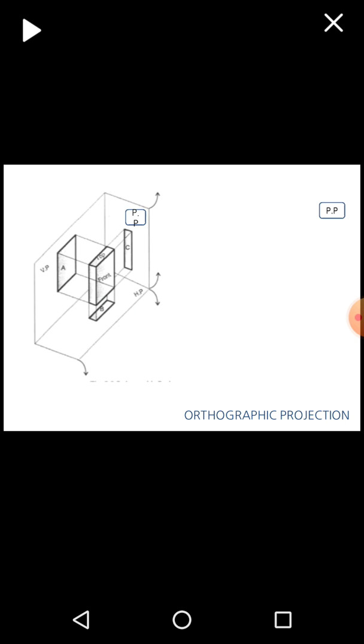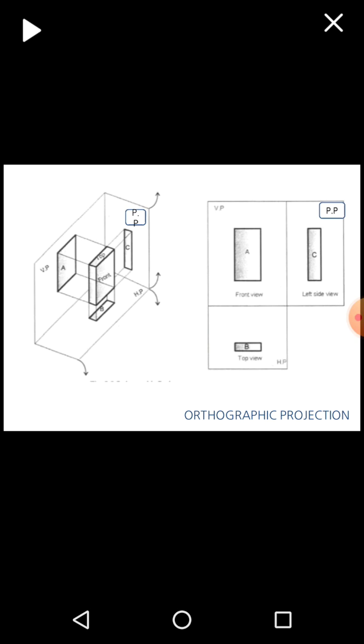So if the object is placed in the first quadrant, the left hand side view will always come on the right hand side of the front view. So its orthographic projection will be like this: the front view, below the front view will have the top view, and on the right hand side of the front view will have the left hand side view.